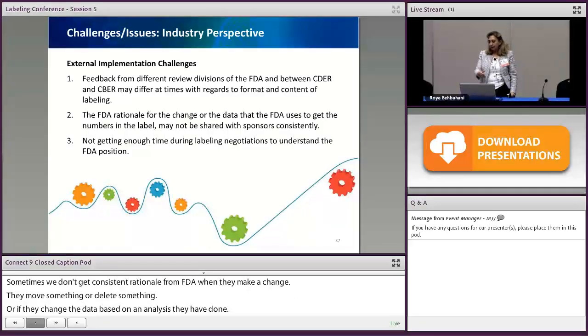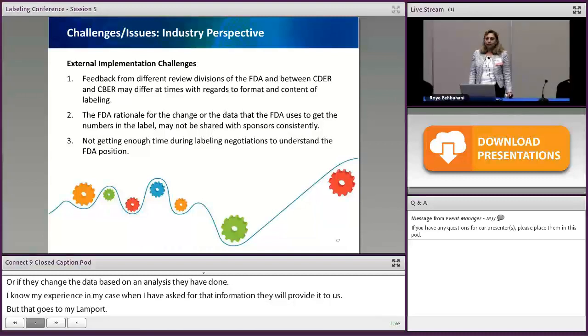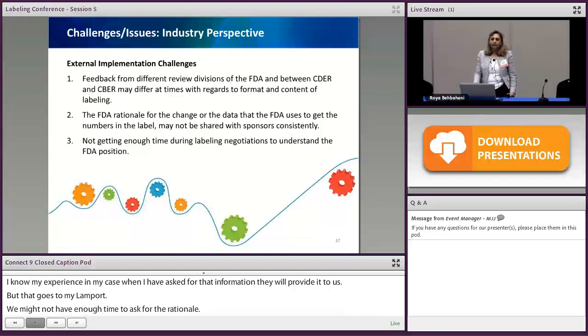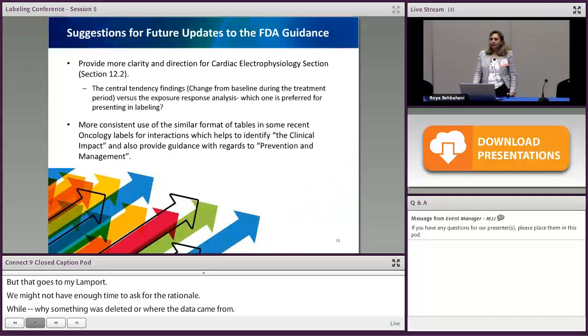But that goes to my last point, that we may not have enough time during labeling negotiation to ask for the rationale or why something was deleted or where the data came from. As most of you who work on labeling know, we sometimes just get a couple of hours to get back to the FDA. They want our response back maybe in 2 hours, so it's not enough time for us to understand what the rationale is.